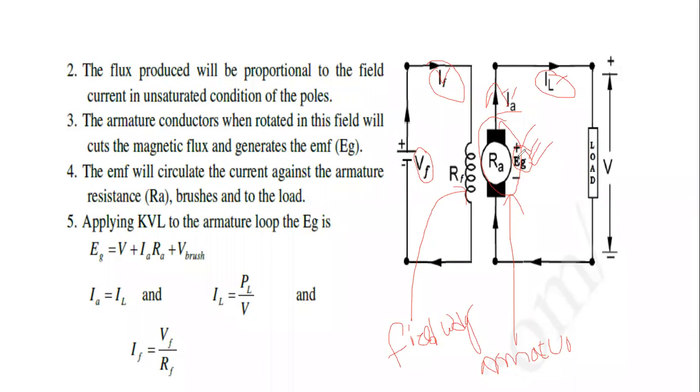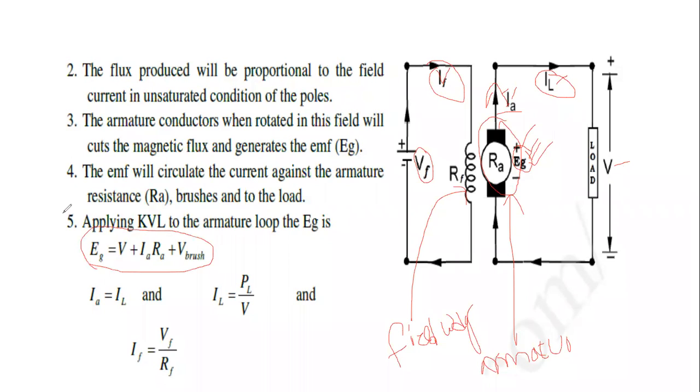Therefore EG is equal to V plus the voltage drop in the armature, IA RA. Voltage drop means current into resistance. Therefore, the EMF generated in a separately excited DC generator, EG, is equal to V plus IA RA.